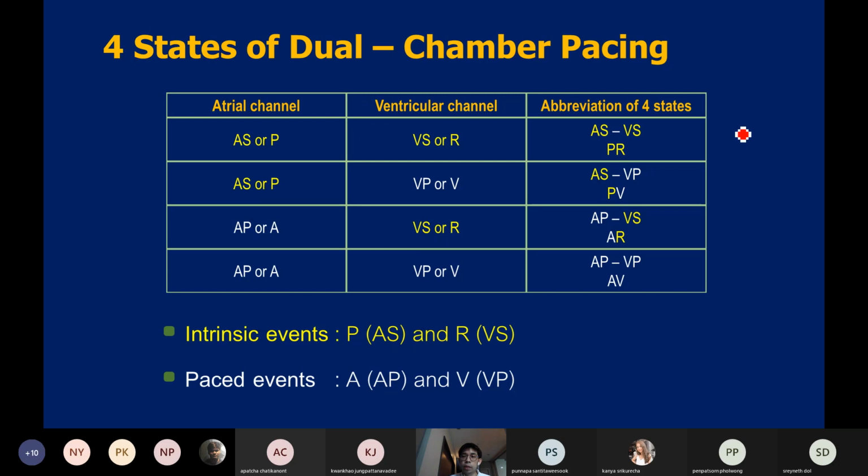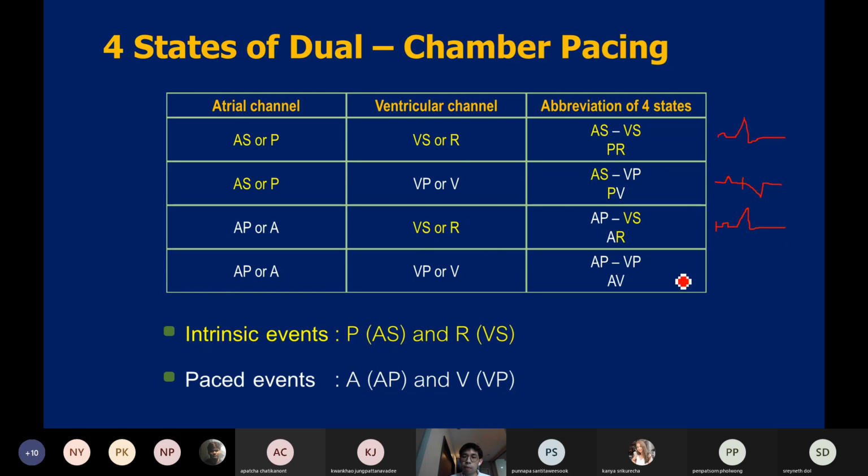If it is A sense and V sense, it is the intrinsic rhythm of the patient. It can be A sense, because the atrial intrinsic comes and the A lead only senses, but the intrinsic of the ventricle does not come at the proper time, so it could be V pacing. The third one that we could see is that the atrial intrinsic does not come, so it is an A pace, but the ventricular intrinsic has come, so it is V sense.